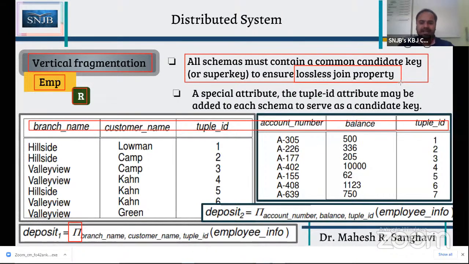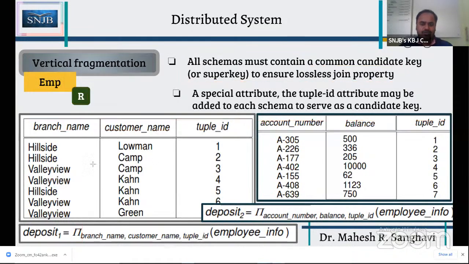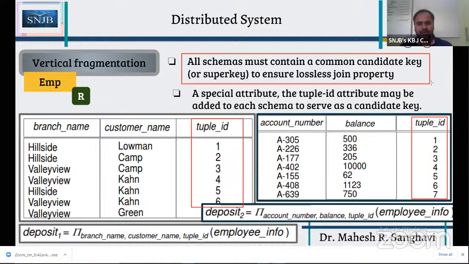Here you can divide this particular relation vertically, and you can see that this tuple ID is common at both ends. So a natural join between R1 and R2 is again possible, and this tells you that the schema must contain the common candidate key. That is important to ensure that you will get your R back.